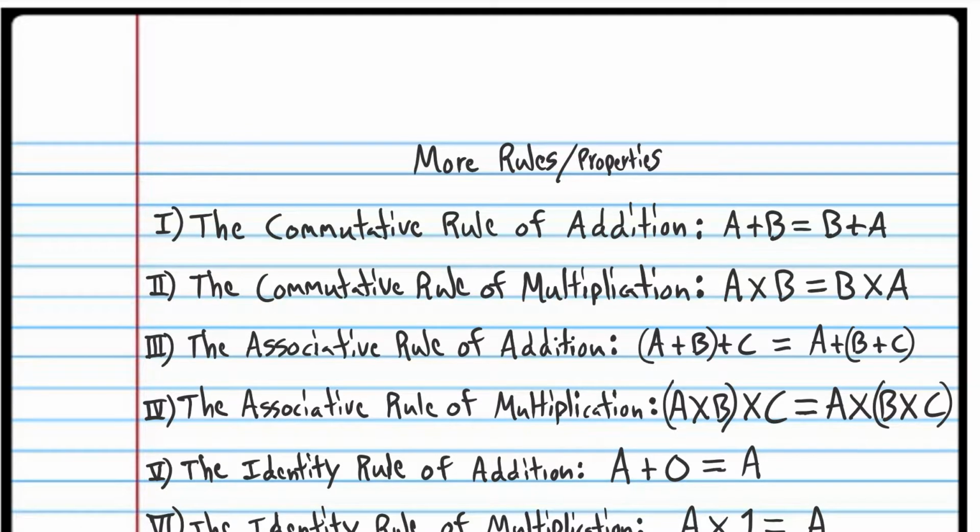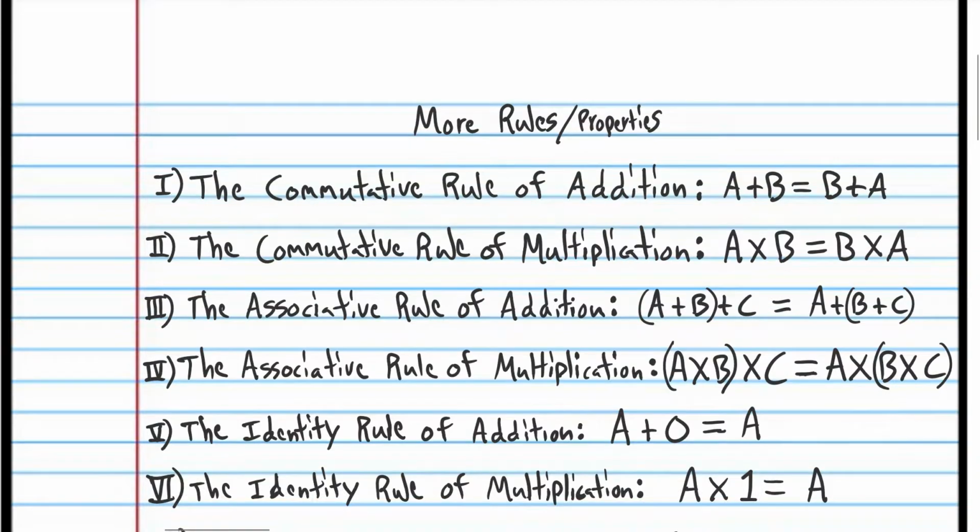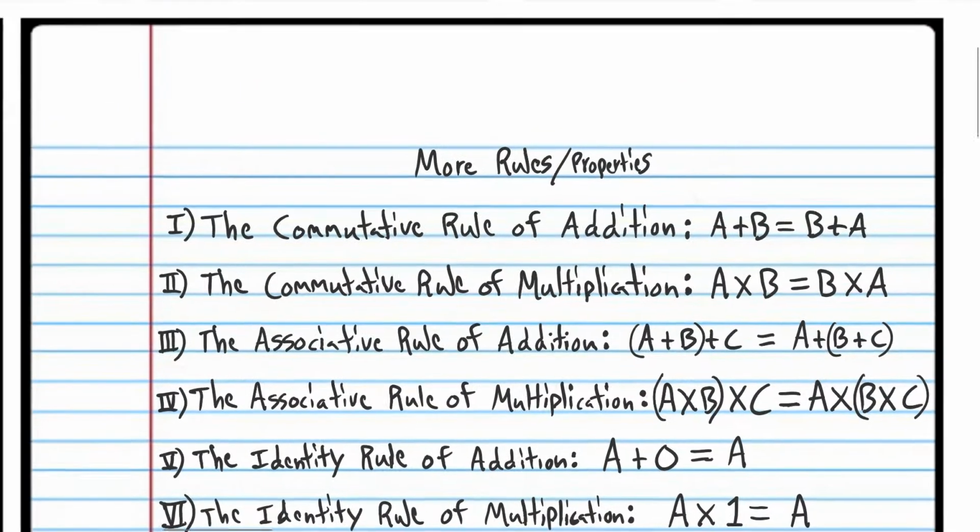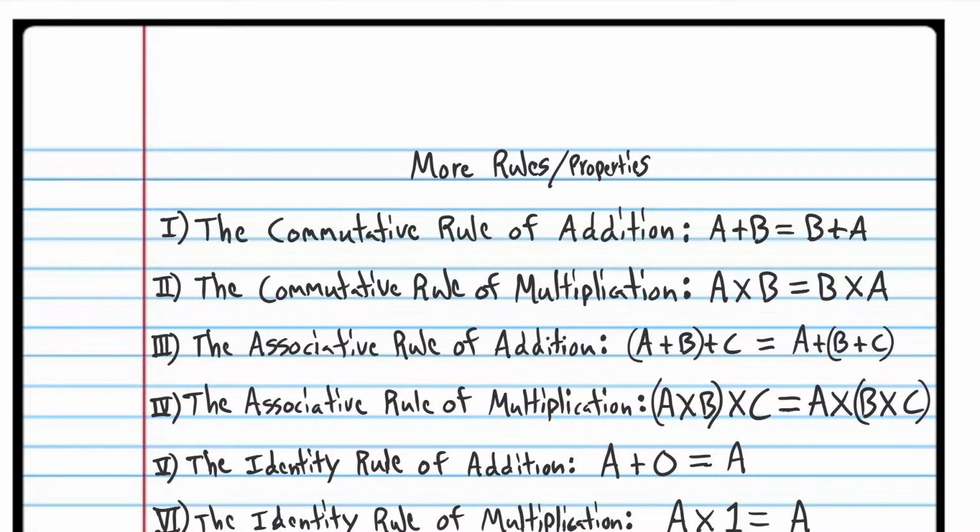So also be aware, I'm calling these rules, but they're also called properties. So instead of the commutative rule of addition, it'll say commutative property of addition. So just be aware of that. All right, so let's go over this stuff. It's really most important that you remember the name of these rules.